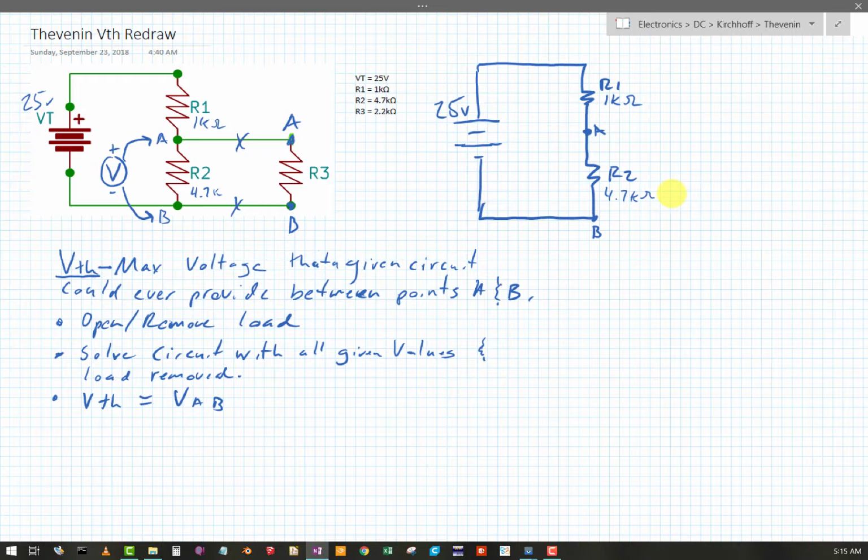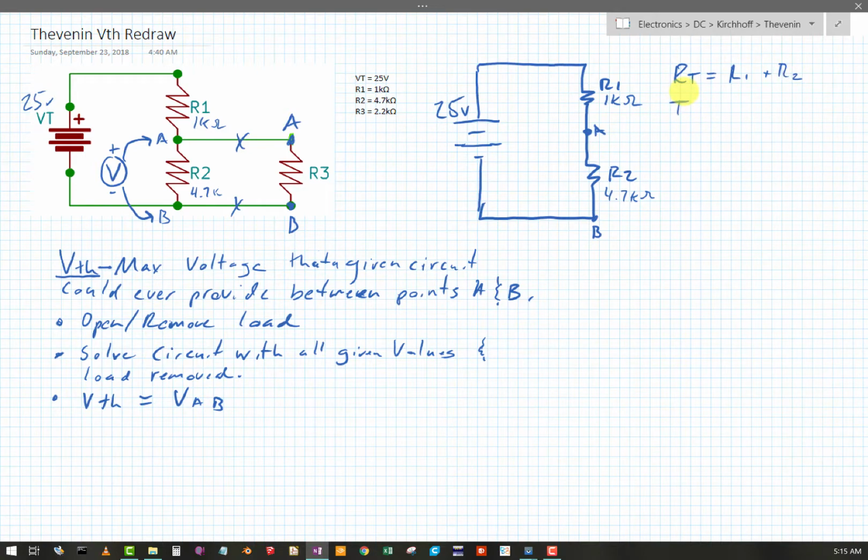Okay, so let's go ahead and solve this little circuit. Okay, so I know I have an RT just for Thevenin. Okay, so our total for this little circuit is going to be R1 plus R2.